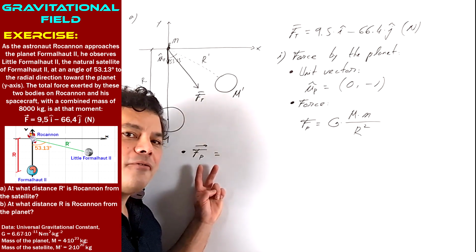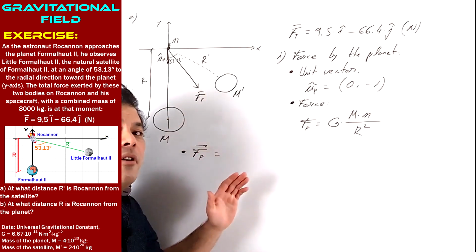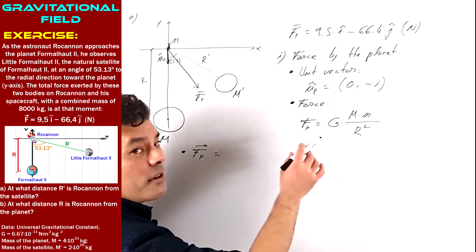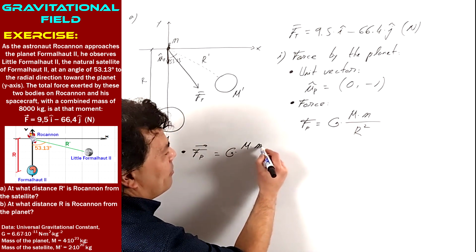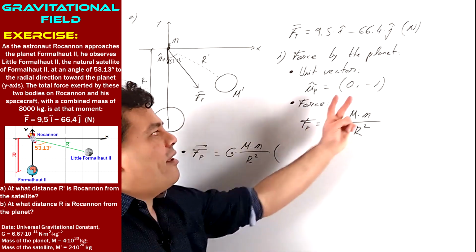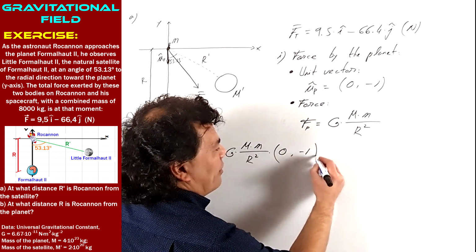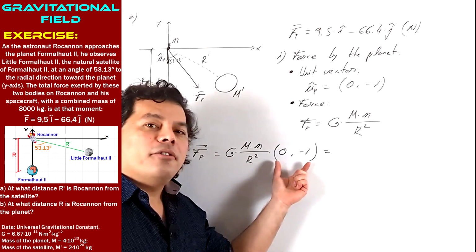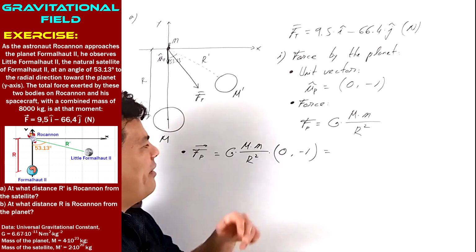And that will be the force that this planet is exerting on our astronaut, but in vectorial form, just by multiplying the force in magnitude, G M divided by the distance squared, multiplying the unit vector (0, -1). And now it's time to abandon the mathematical notation and use the physical vectorial notation.